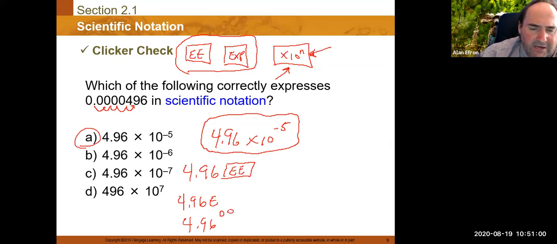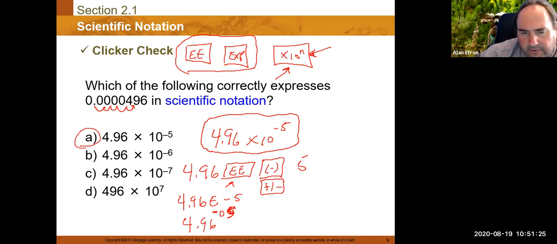Then you want to hit your negative button, not your subtract button, which on most people's calculators looks like one of these two buttons. And then you would hit 5. And this would put a -5 here. This guy would change to a -5 at this point. Now, when you hit this E button, that represents the times 10 part of the number.